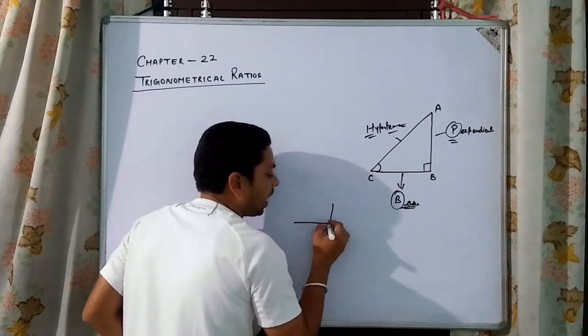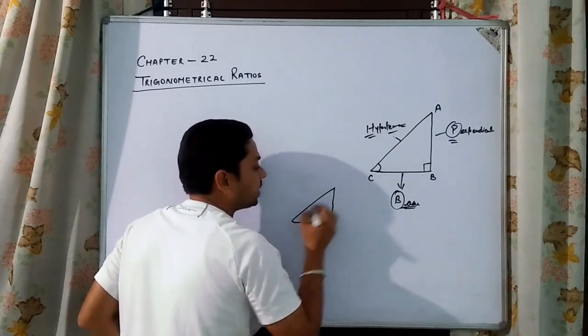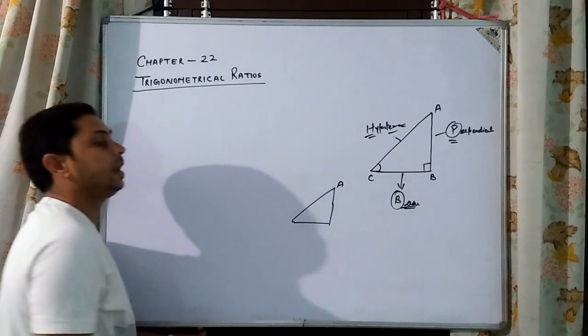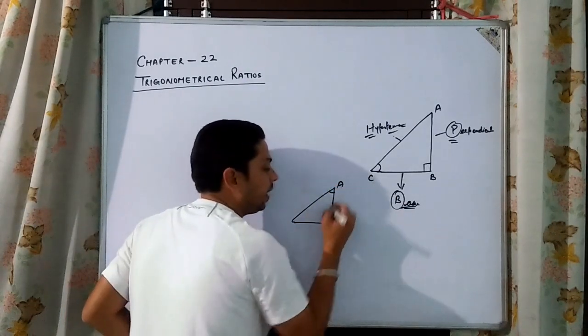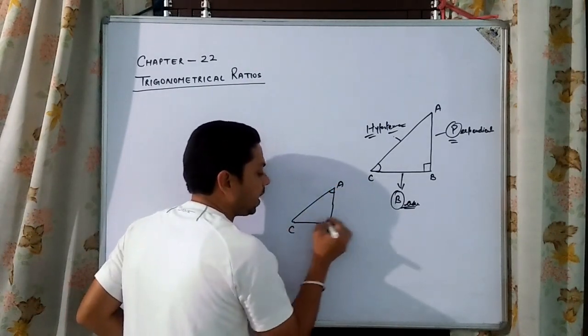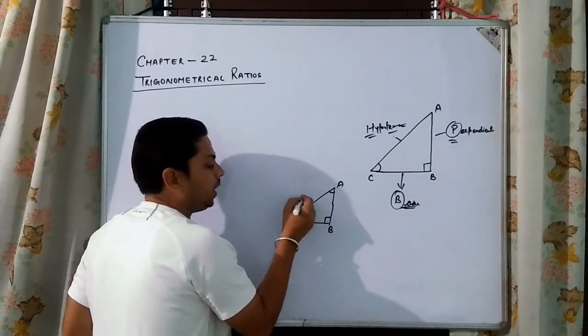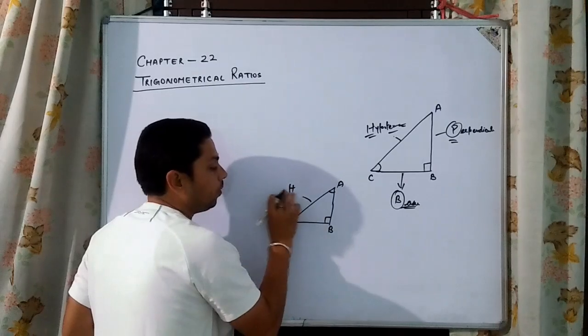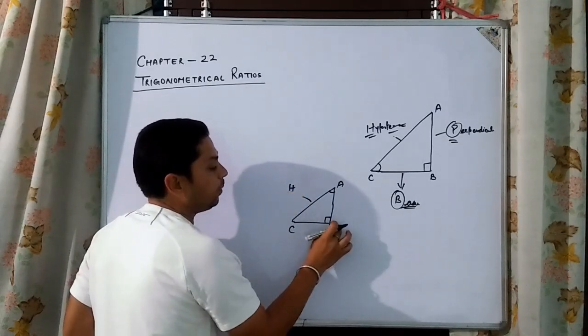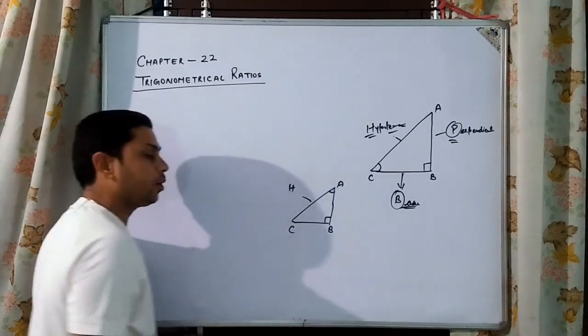Suppose we take the angle A as the base angle. Suppose we are given that angle A is the base angle here like this. ABC, again it is 90 degree at B. So the side opposite to angle B, which is 90 degree, will be your hypotenuse.